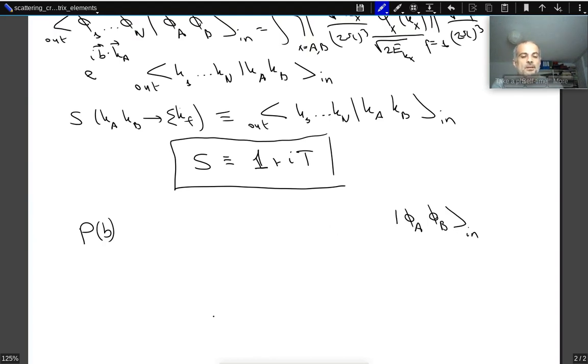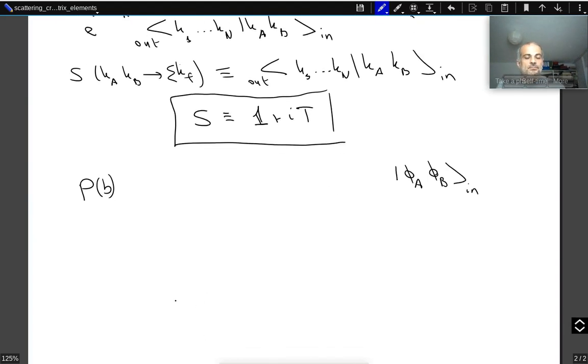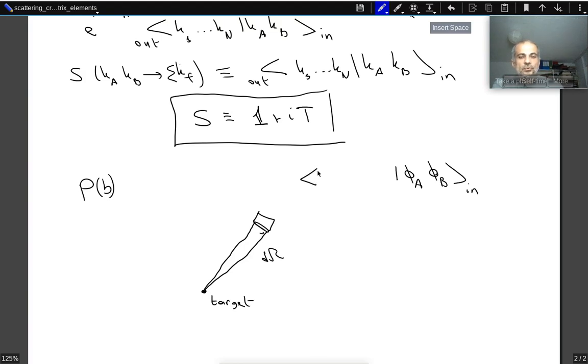Now if I have my detector, let's say this is the scattering center target. My detector is over here. It will detect all the particles with definite momenta in this cone, so in this solid angle d omega. So what I will do is I will calculate this scattering matrix element into a definite final state of definite momenta. So this is the corresponding amplitude, this is the out.